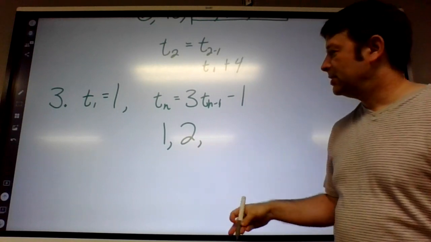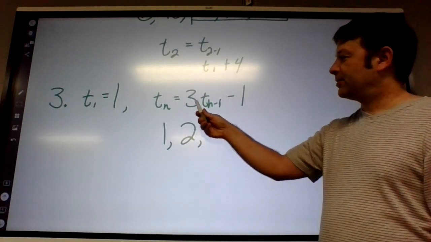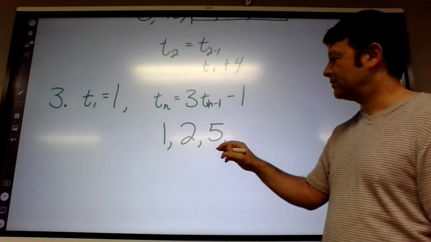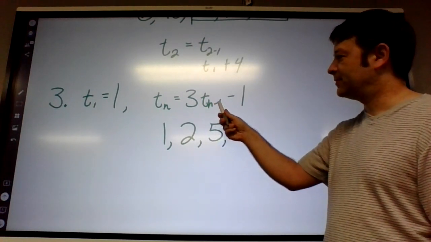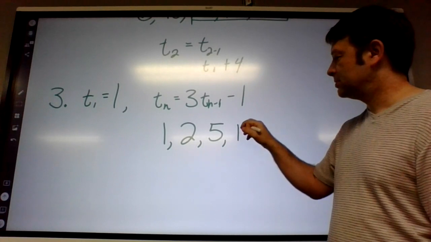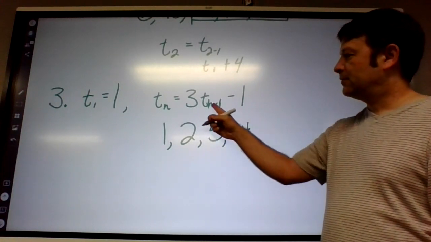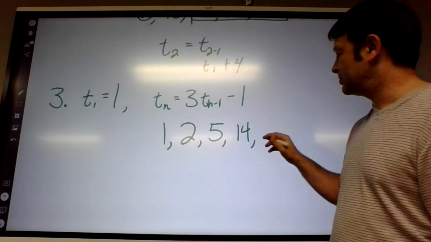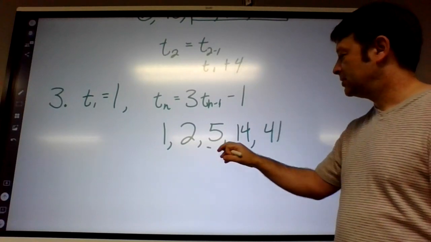Plug this in, we get 3 times 2 is 6, minus 1 is 5. Plug that in, 3 times 5 is 15, minus 1, 14 times 3 is 42, minus 1.